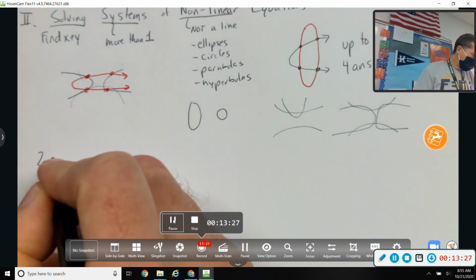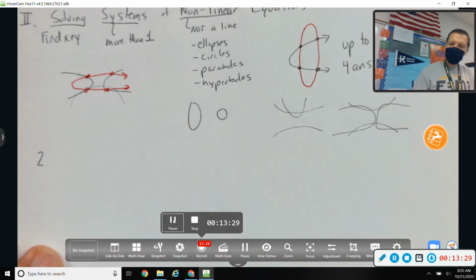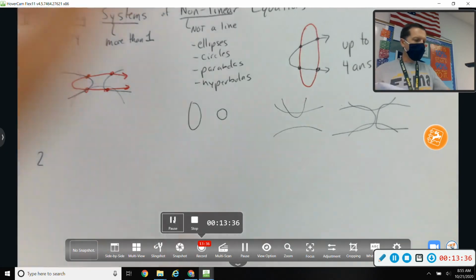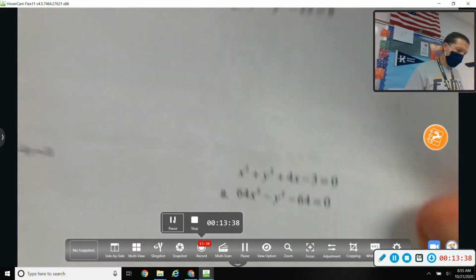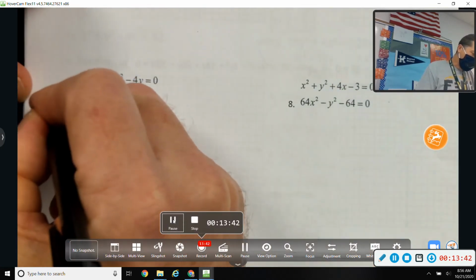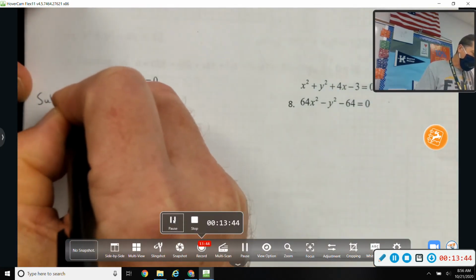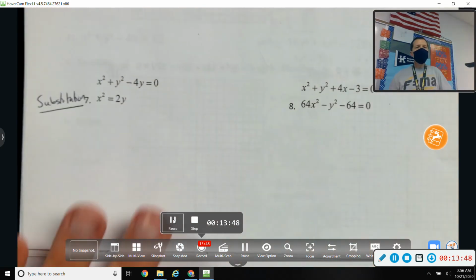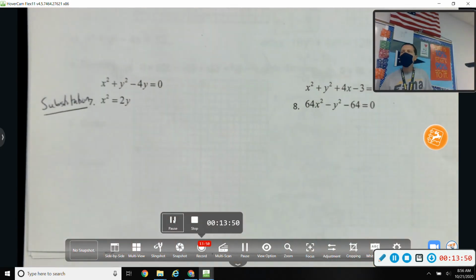The methods are methods that you already know. In fact, let's switch to the worksheet and work on it. So number 7, I think I would use substitution.